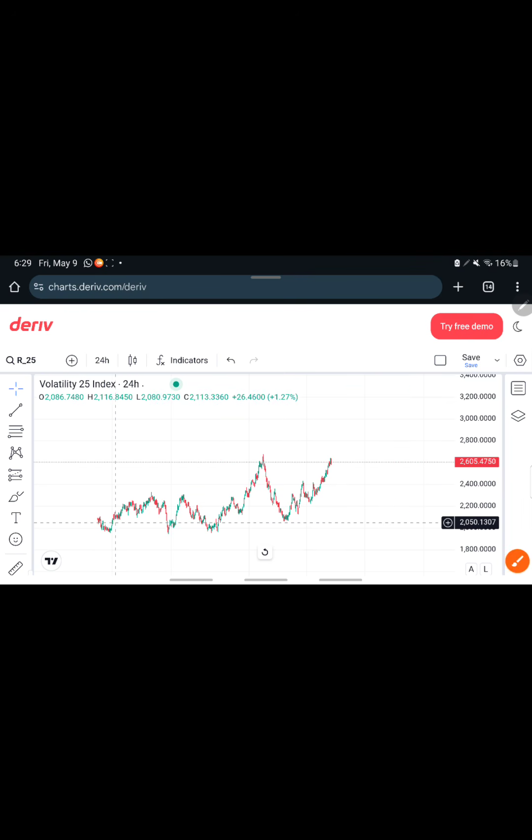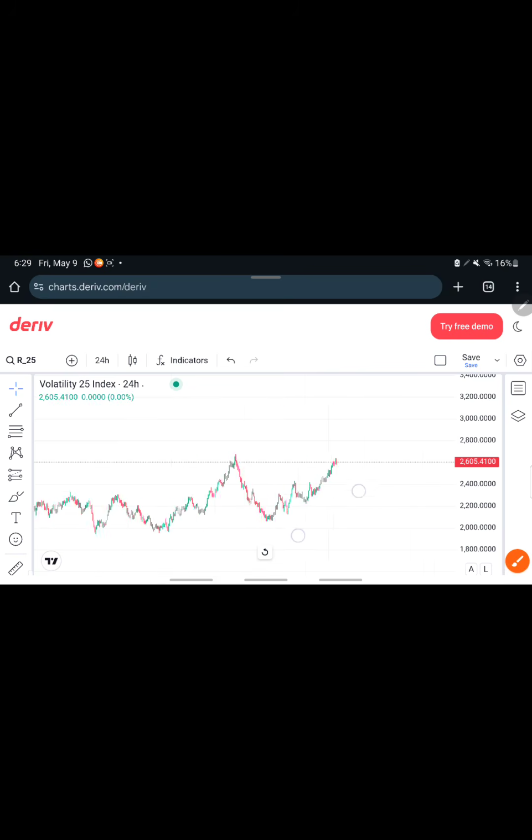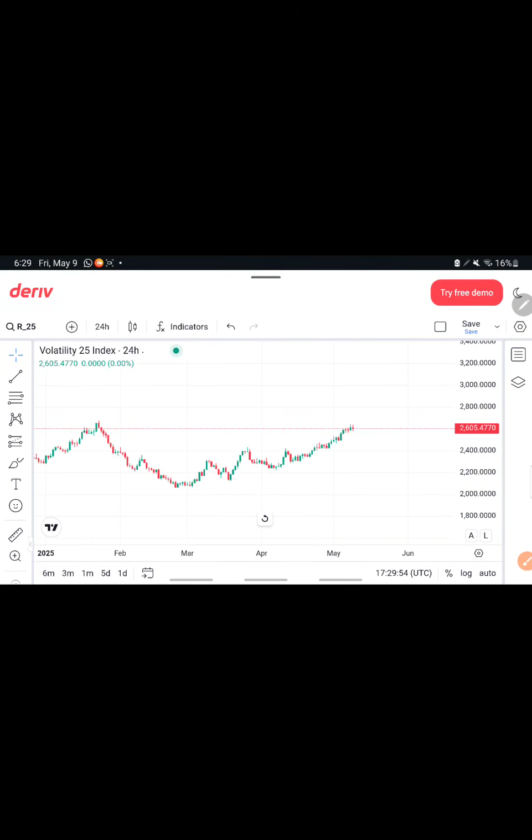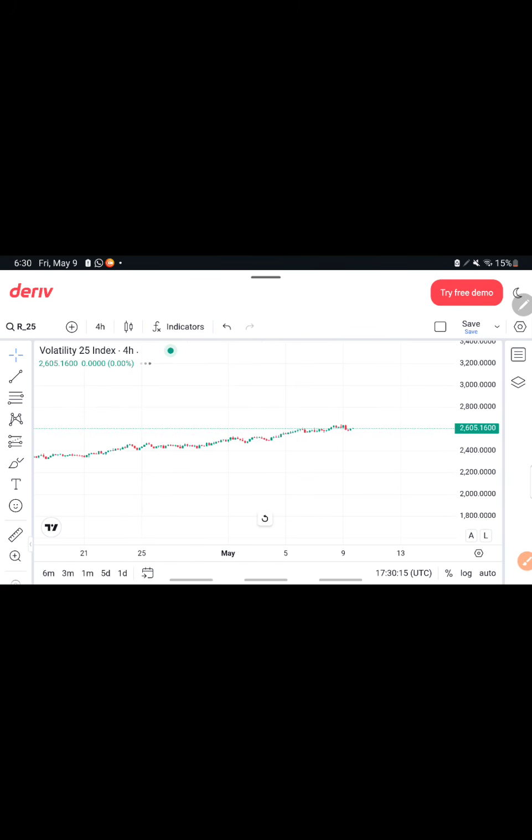Now, how do you find candles that engulf? If you go here, you are going to see candles like that. Let me find candles like that. Let's go to a bigger time frame, like the 4 hours time frame.